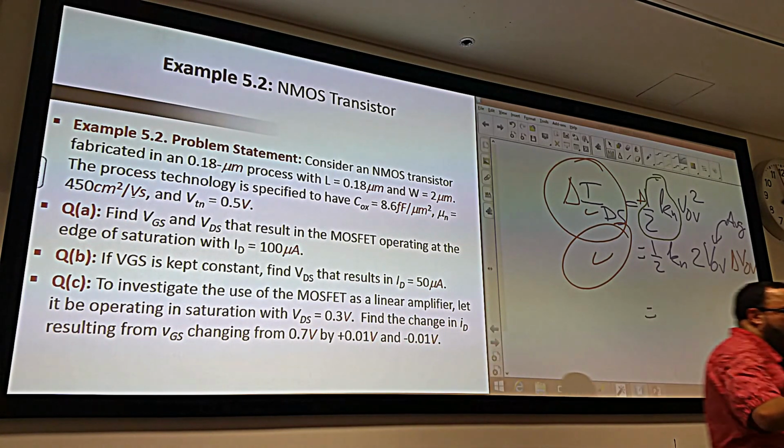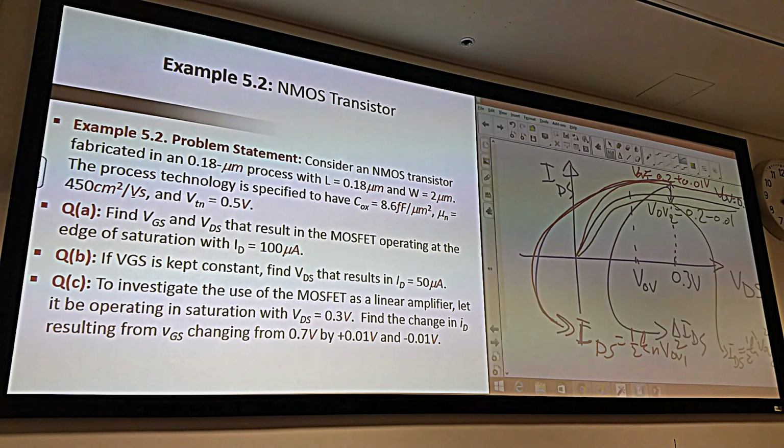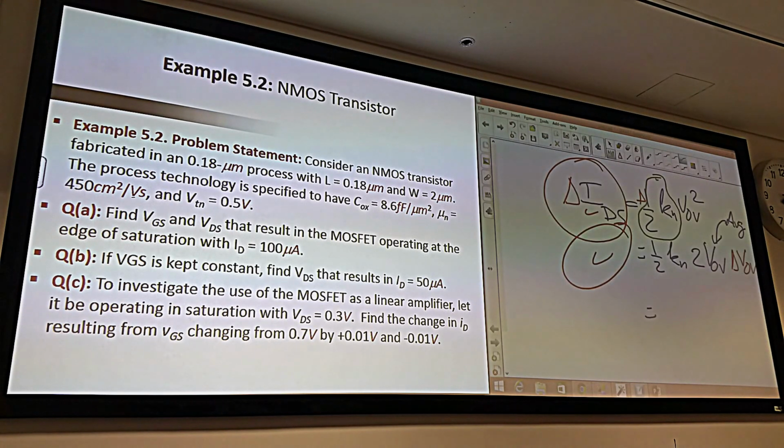The delta overdrive between the two curves, let's go back to the two curves. How much is delta overdrive between the two? It's very easy actually. We have 0.01 up and minus 0.01. So delta overdrive is how much? 0.02. That's it.